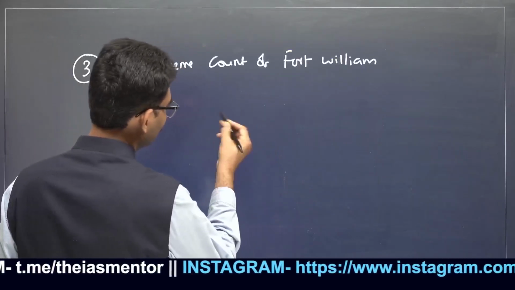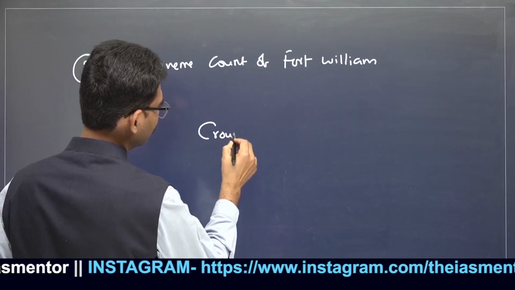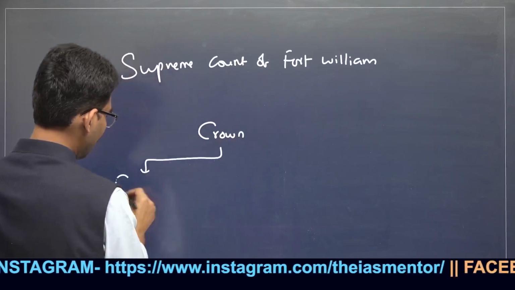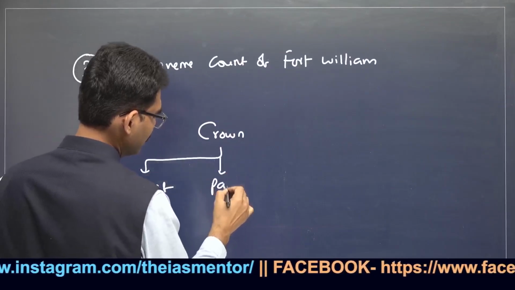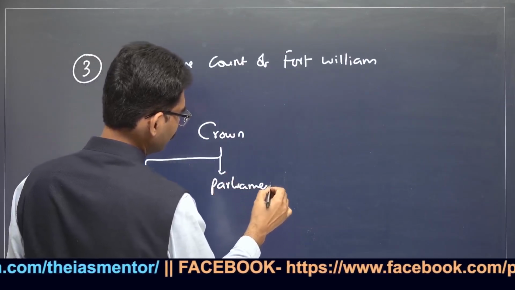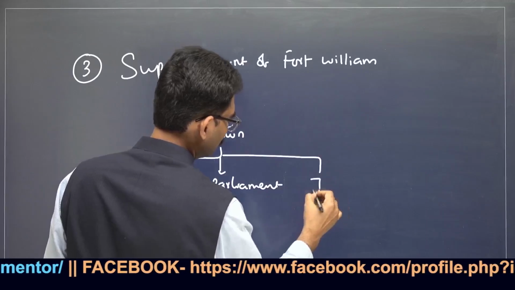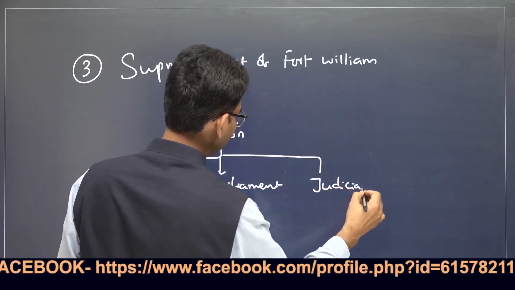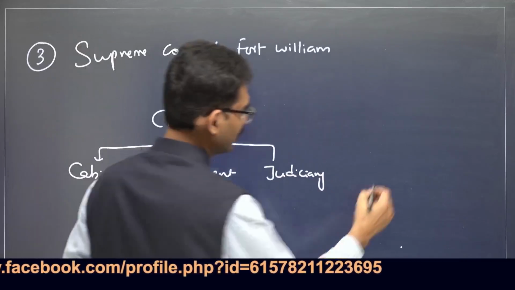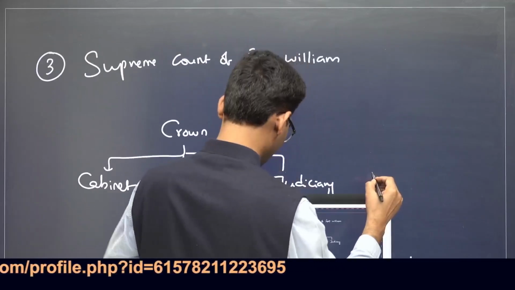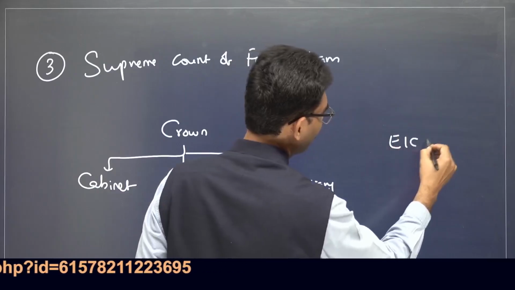Now, when it comes to the British Crown, under the Crown, Cabinet will be there. Parliament is there. Judiciary also will be there. Now, a similar kind of setup is being established in India. And here, with respect to India, East India Company territories.